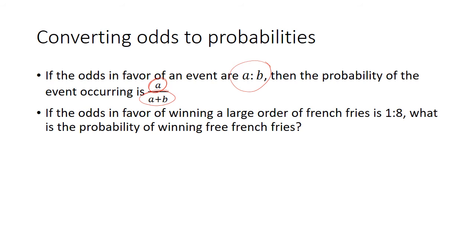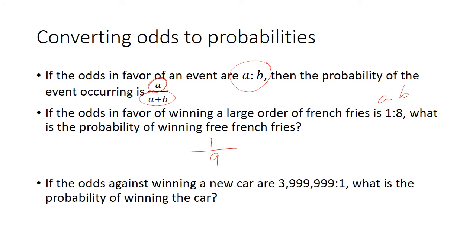If the odds of winning a large order of French fries is 1 to 8, what is the probability of winning a free French fry? This will be our A and this will be our B. So I'm going to do 1 over A plus B, which would be 9. So your probability would be 1/9. So out of every 9 purchases, 1 person is going to win.